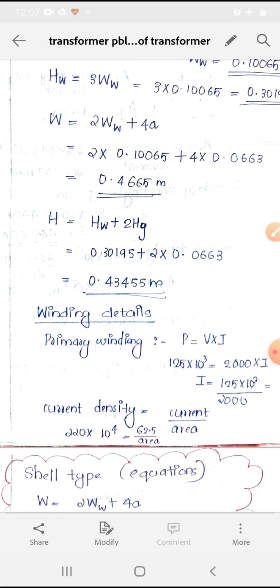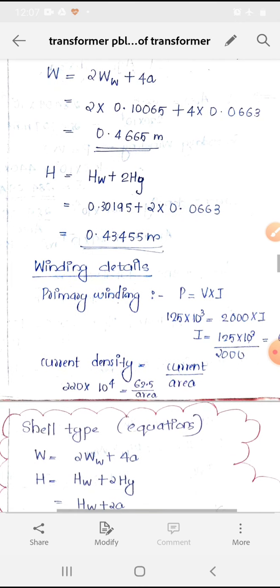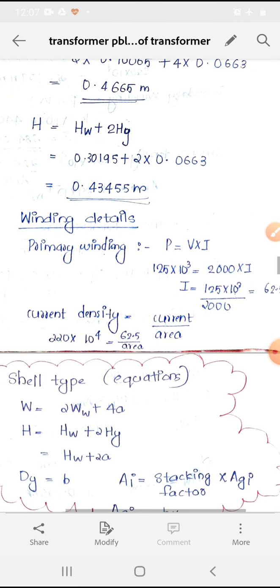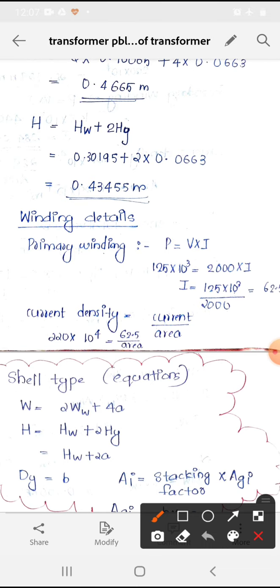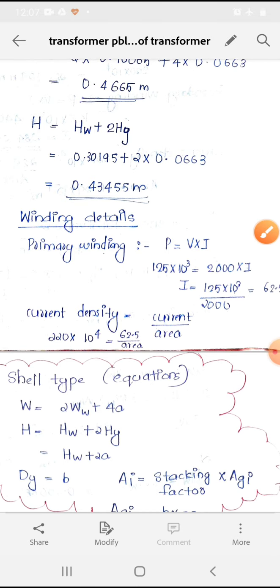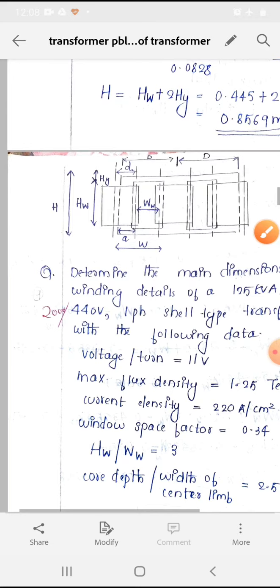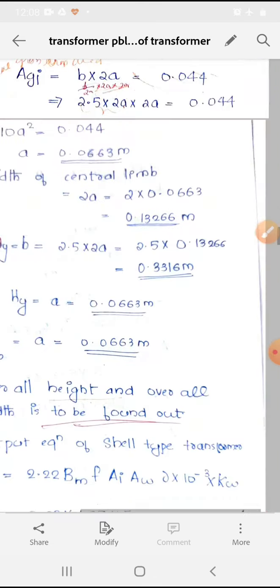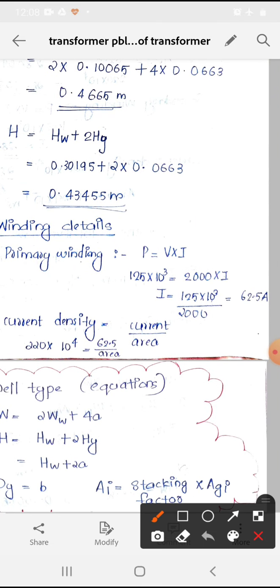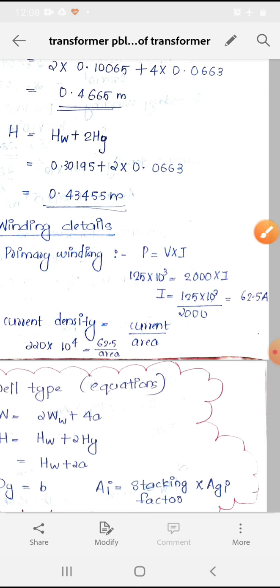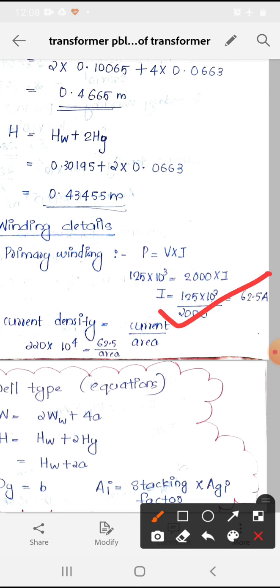Therefore, for the primary winding we can find P is equal to V into I. In the question, it is given as 125 kVA. Therefore, P is equal to 125 into 10 cube, is equal to primary side voltage, that is 2000 into I. From this equation, we will find the value of primary side current I.